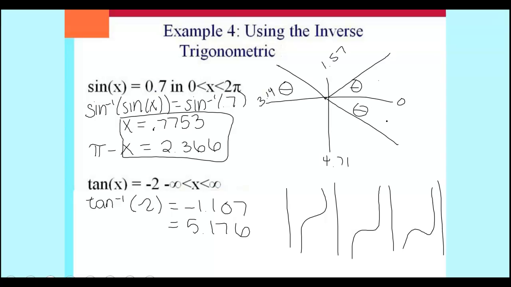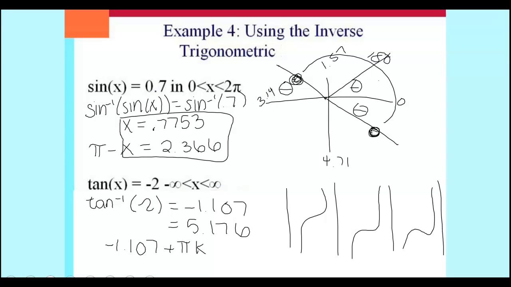So tangent repeats every 180 degrees. If we want our answers to occur every 180 degrees, we're going to take that -1.107 and add pi k to it. What that's going to do is just keep moving it around and around, making the points occur here, then here, then here, as it keeps traveling around the unit circle.